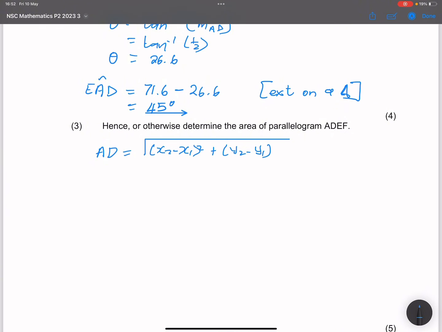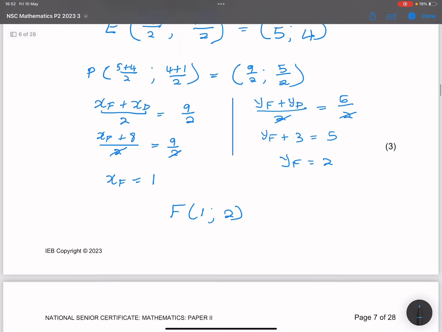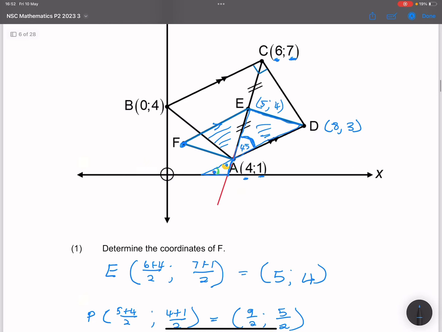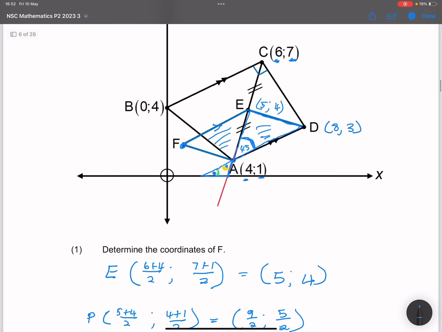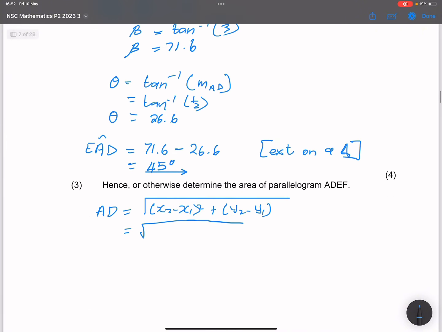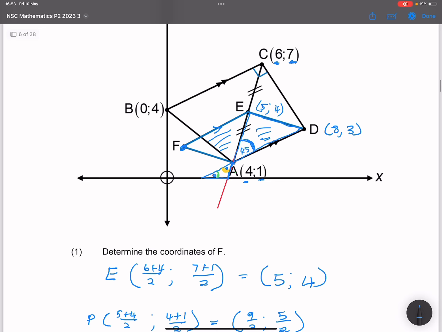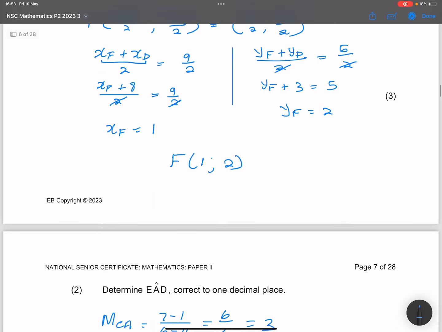Okay, so I'm going to take the coordinates of A and D. So my x coordinates, okay, that would be 8 minus 4 squared. So that's square root of 8 minus 4 all squared plus, right, so for my y values, that's 3 minus 1 squared.